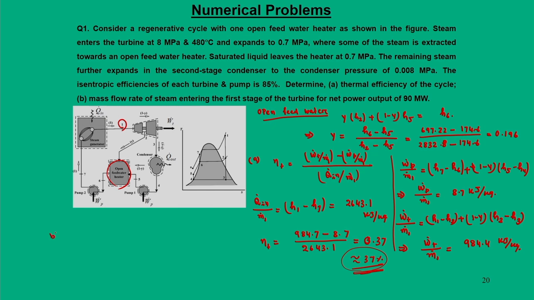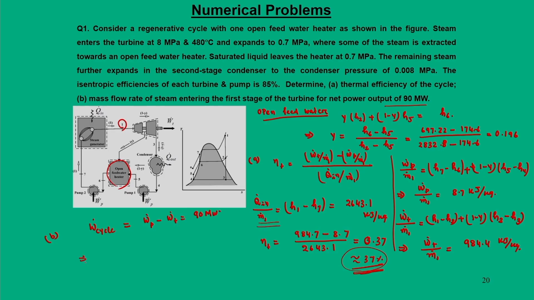In the second part, we need to calculate the mass flow rate. For this we require the output power, that means W dot cycle, which is W dot turbine minus W dot pump, is 90 megawatt. This value was calculated per unit mass flow rate.